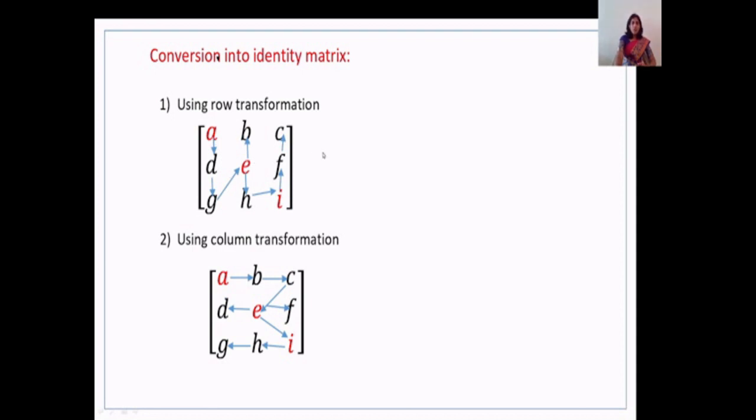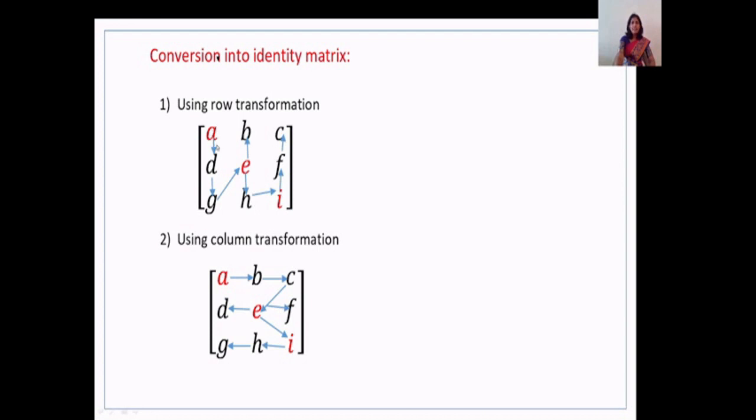If we use a row transformation, such as R1 gives R1 minus 2 R2, this is called a row transformation. And C1 gives C2 minus C3 is called a column transformation. Row and column transformations are used to convert a matrix into an identity matrix. So this is a rule. Suppose this matrix is of order 3 by 3. Firstly we make the first element A equal to 1.